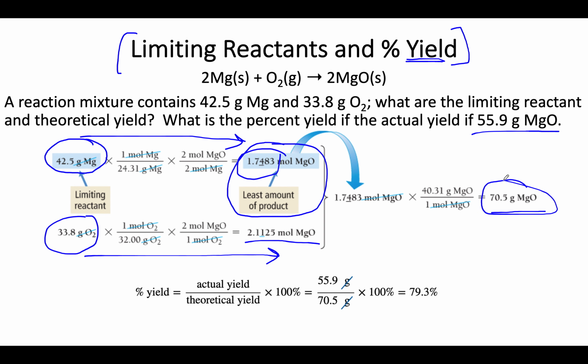So the next step would take the actual yield, 55.9, divided by the theoretical yield, 70.5, and you get 79.3 for percent yield. It depends on the chemistry, depends on the reactions. Some reactions, like today, it should be around 100%. I did some reactions in graduate school. If I got 20 or 30%, I was happy. So it just depends on the chemistry of what these yields can really mean.